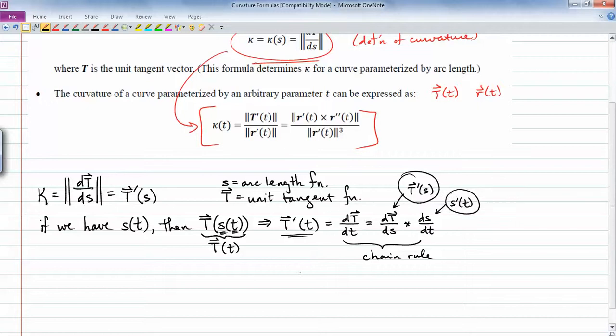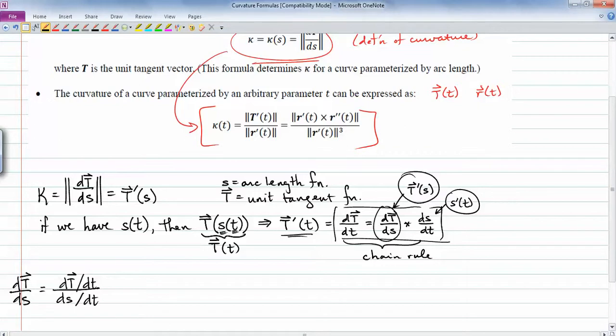So if I divide both sides by ds/dt in this equation, then we get dT/dt over ds/dt equals dT/ds. Okay.